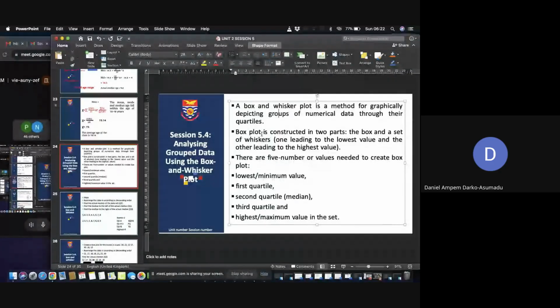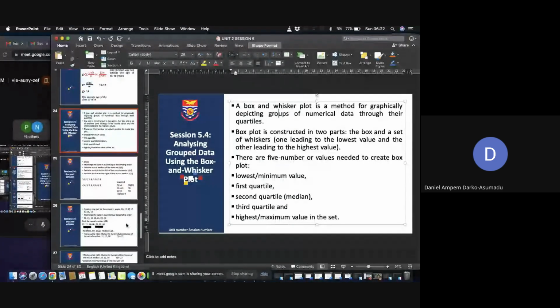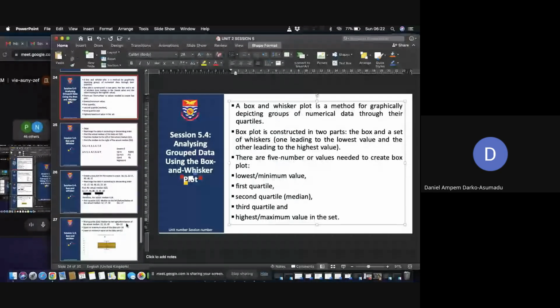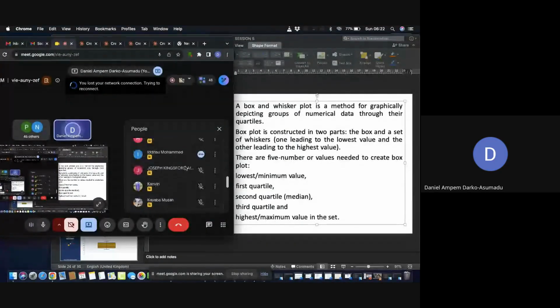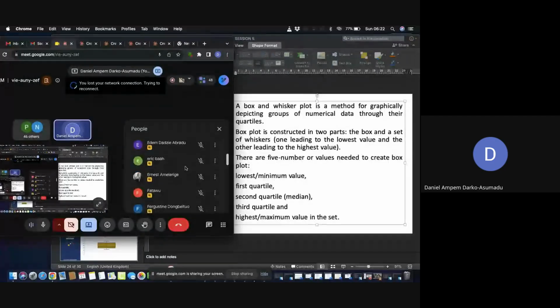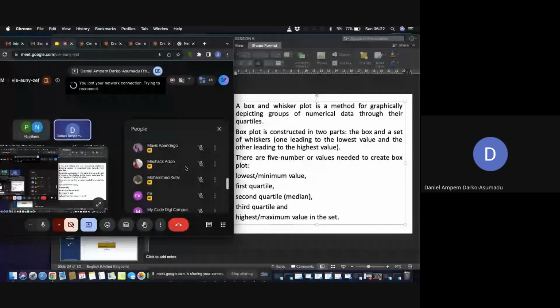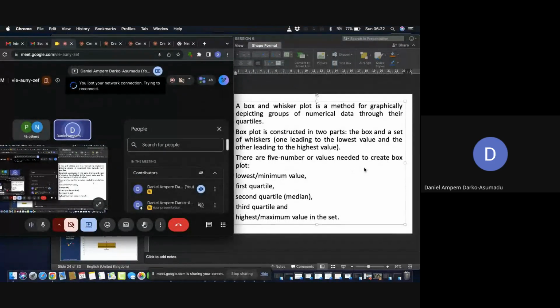A box plot is constructed in two parts: the box and a set of whiskers, one leading to the lowest value and another leading to the highest value. You will see how it looks very soon. There are five values needed to create a box plot.